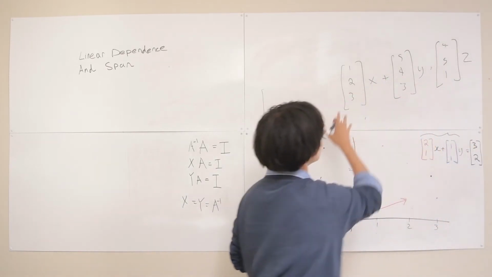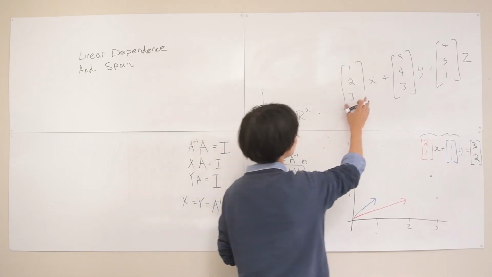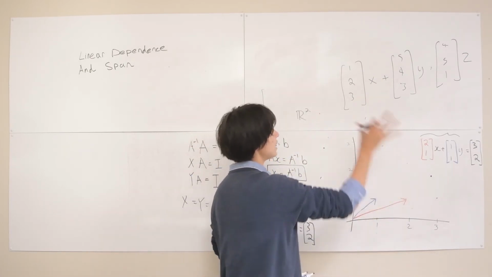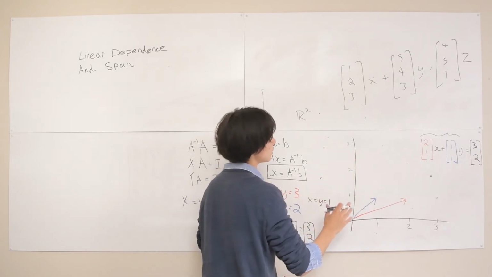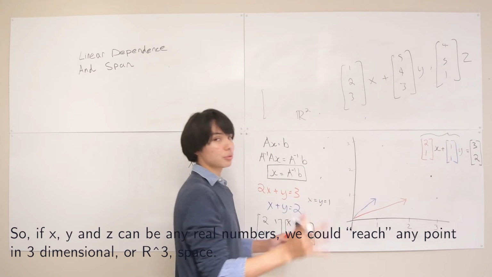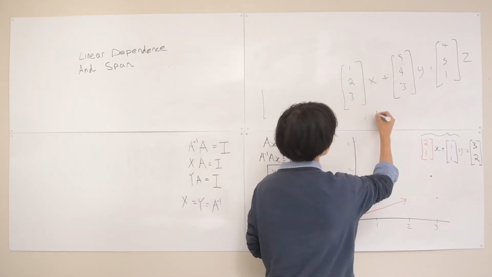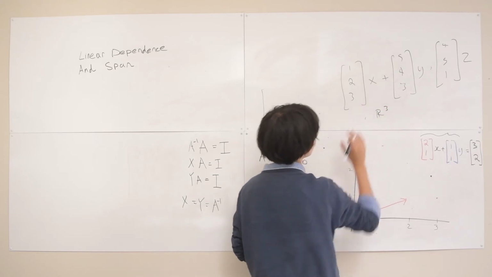So we had another system of equations like this, and let's say that a linear combination of these 3 vectors could span any point in 3-dimensional space. We would say that the span of these 3 vectors is R3 because now we're dealing in 3-dimensional space.